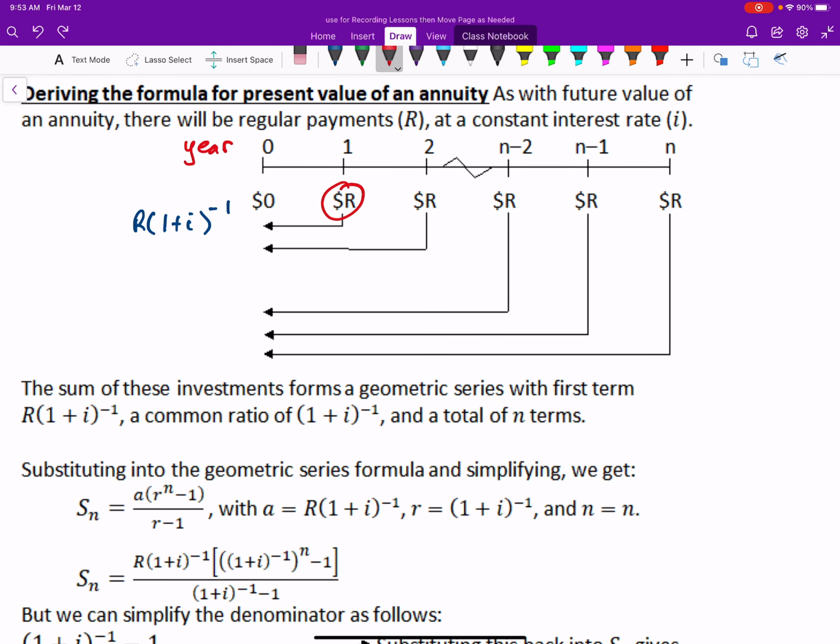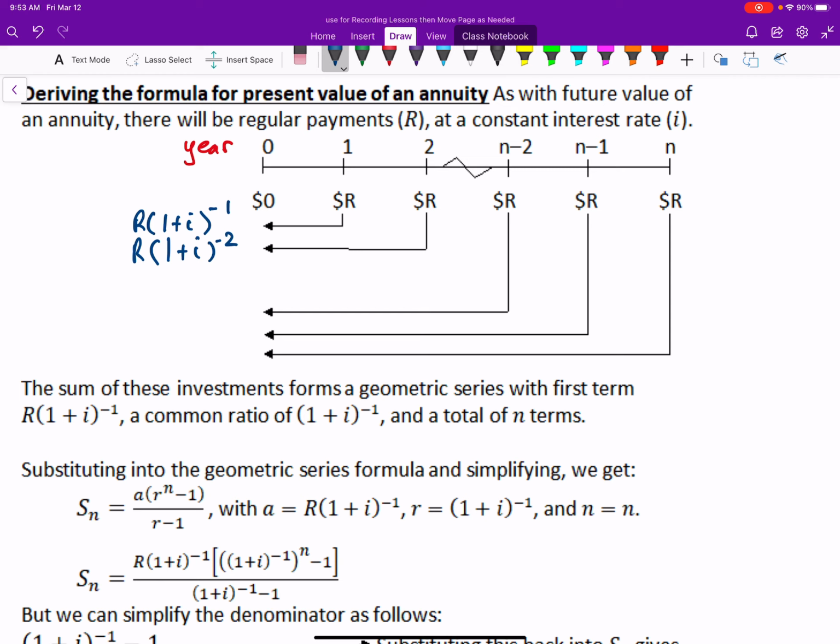And then, say I wanted to have another $100 or R dollars 2 years from now. Well, that's going to have more time to grow, isn't it? So the formula is basically the same, except instead of a negative 1 as my exponent, I'll have negative 2.